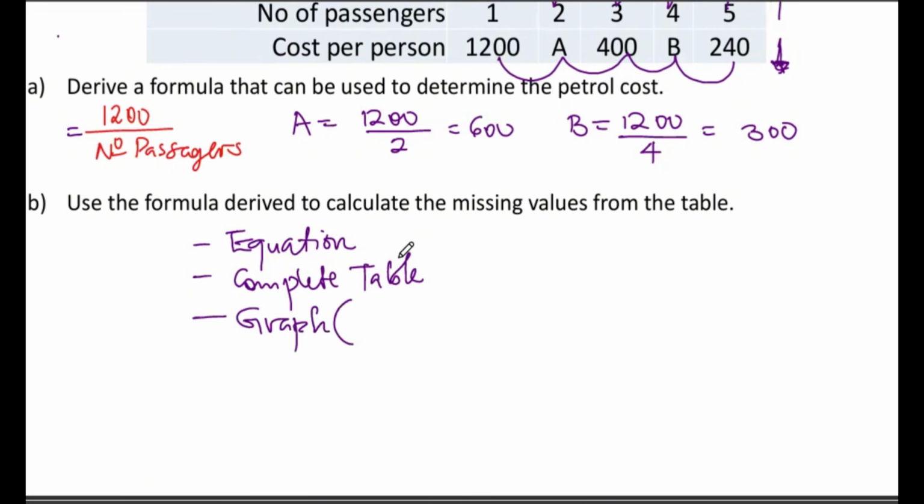Please, the graphs are either a straight line, which is direct, or a curve, which is indirect. Those are the two kinds of graphs that we expect when we look at patterns and relationships.